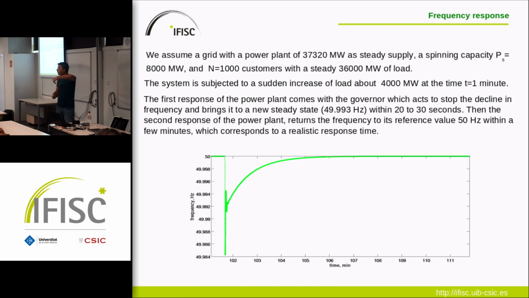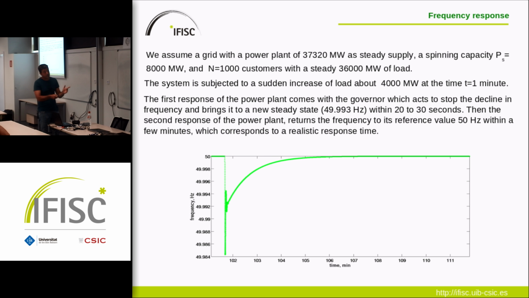You have a large drop, and then the primary control stops this fall, essentially increasing the mechanical power to stop this drop. It is stabilized at a new frequency around 49.993. This response takes just a few seconds, 10 or 20 seconds, and the frequency is stabilized.